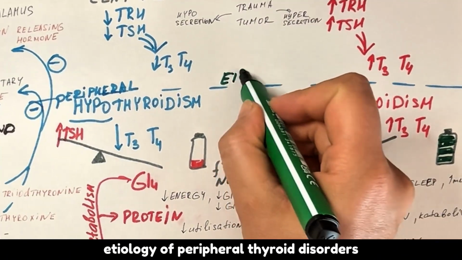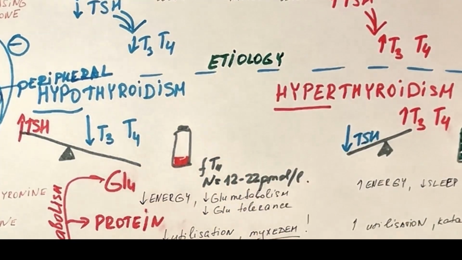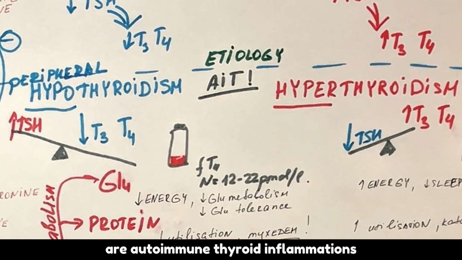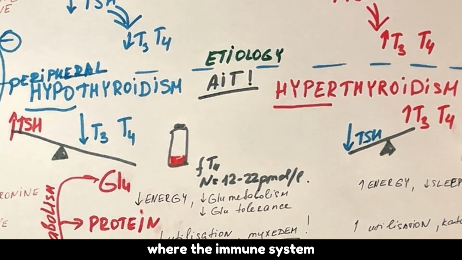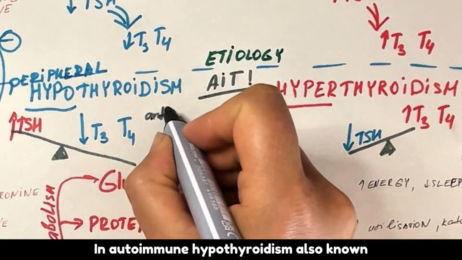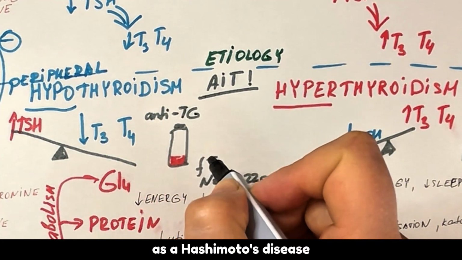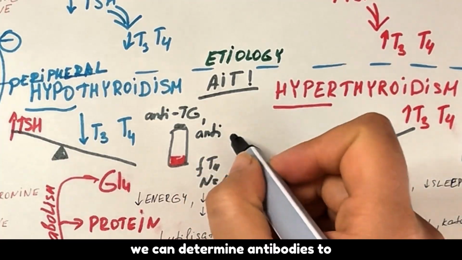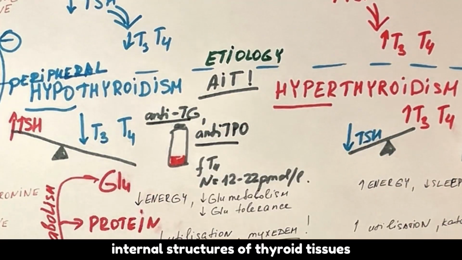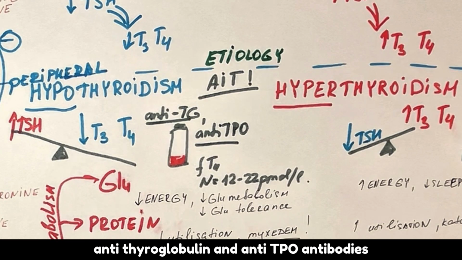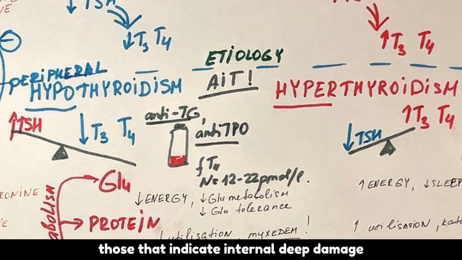Etiology of peripheral thyroid disorders. The most common causes are autoimmune thyroid inflammations, where the immune system attacks thyroid cells. In autoimmune hypothyroidism, also known as Hashimoto's disease, we can determine antibodies to internal structures of thyroid tissues, anti-thyroglobulin and anti-TPO antibodies, those that indicate internal deep damage.